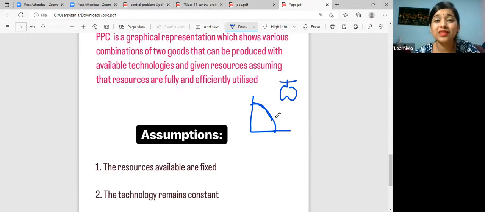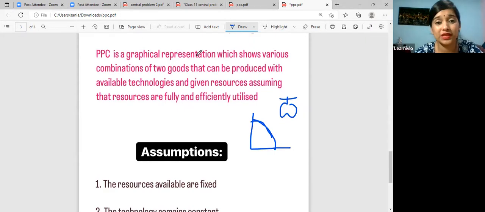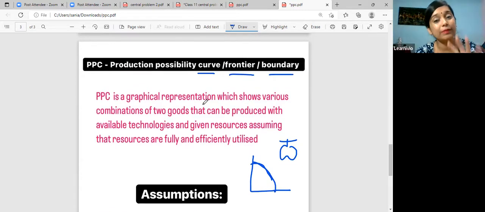So PPC is just a graphical representation, because I'm representing it with the help of a graph. Now, if you are drawing a graph, you have to show something, right? So PPC is a graphical representation which shows various combinations of two goods that can be produced with available technology and given resources, assuming that resources are fully and efficiently utilized.